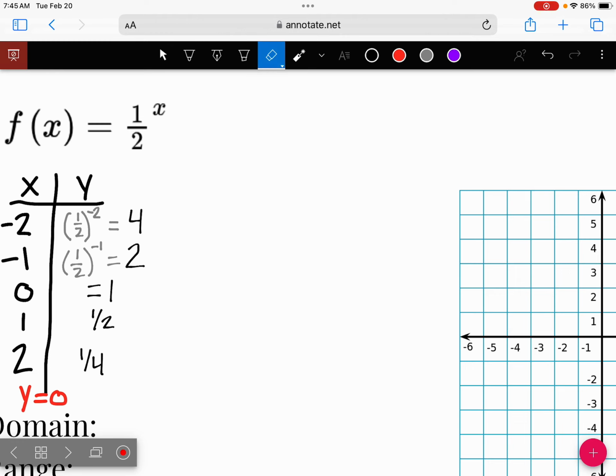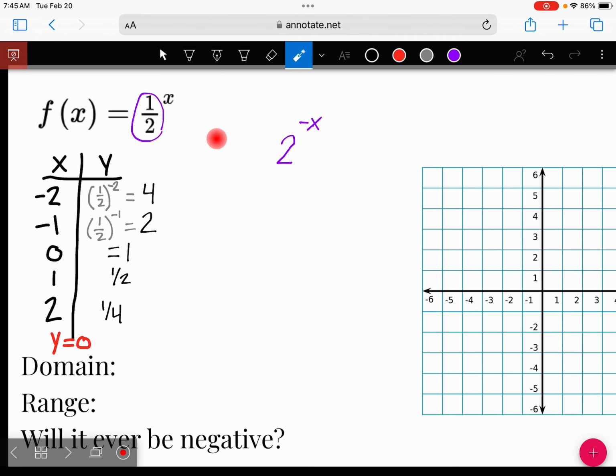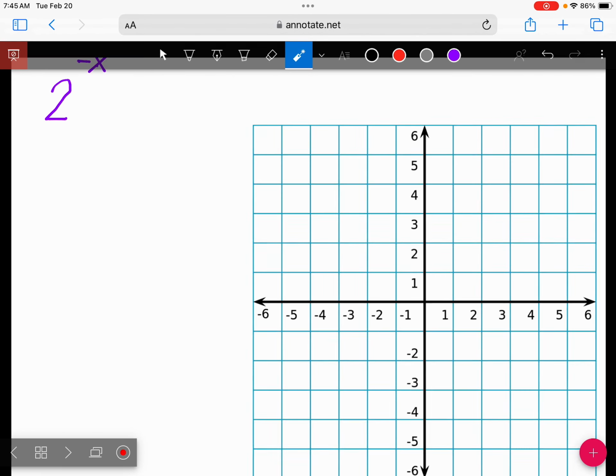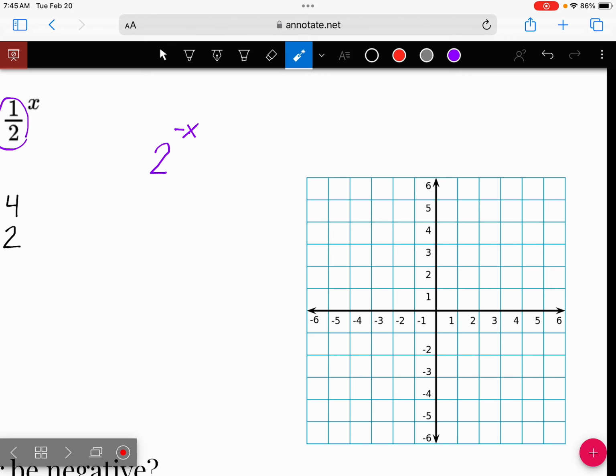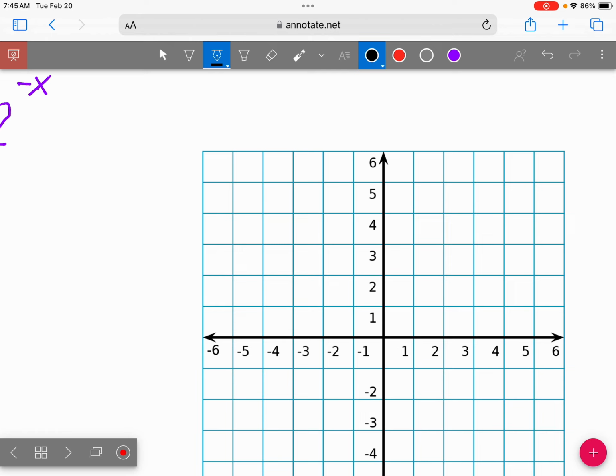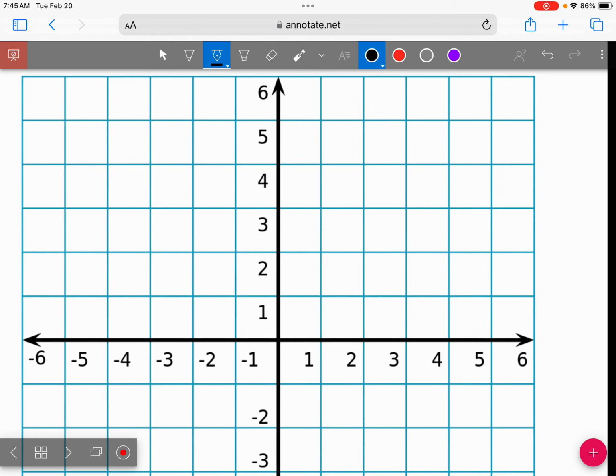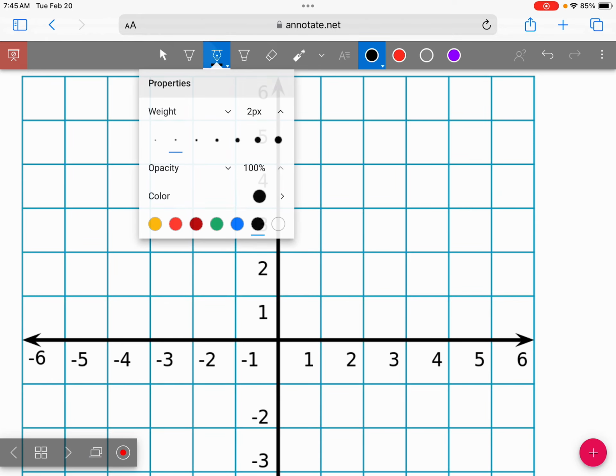If you do not like dealing with the fractions, you can do like we did when we're solving and rewrite this with a different base and do this as 2 to the minus x. That's another way to think of this. They mean the same thing. So 1/2 to the x and 2 to the minus x are the exact same thing. So 1/2 to the x and 2 to the x are related. They're just not super identical, so we just got to be super careful.